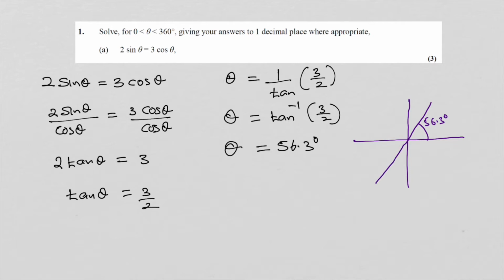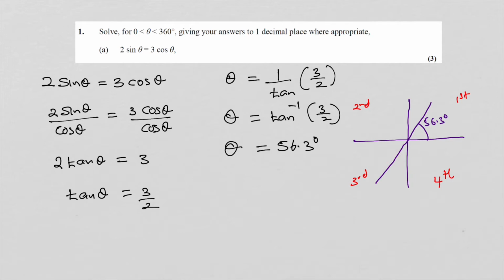This is the first quadrant, that's the second, and this is the third, and that's the fourth quadrant. Now, because tan is also positive, bear in mind the vertically opposite angles are equal. So that means this angle here is also 56.3 degrees.